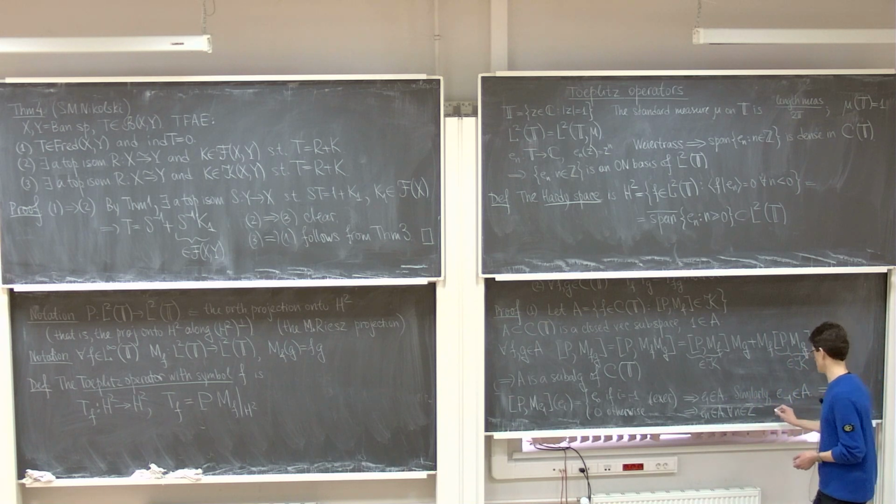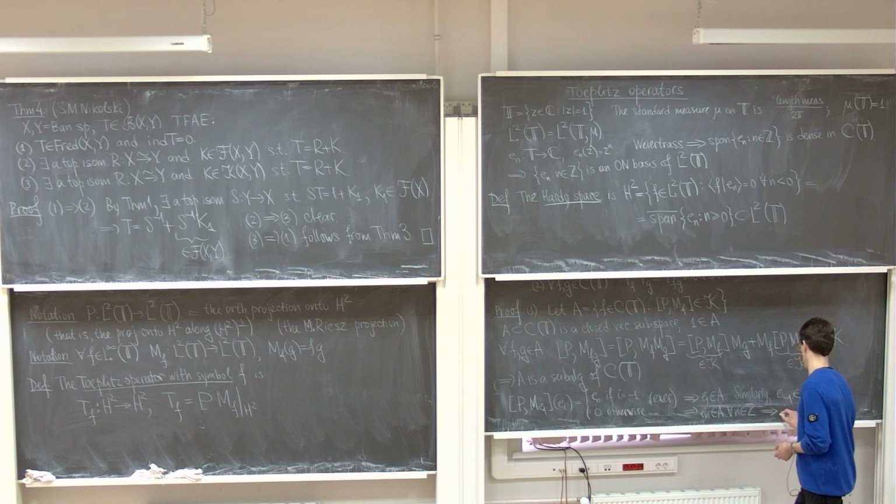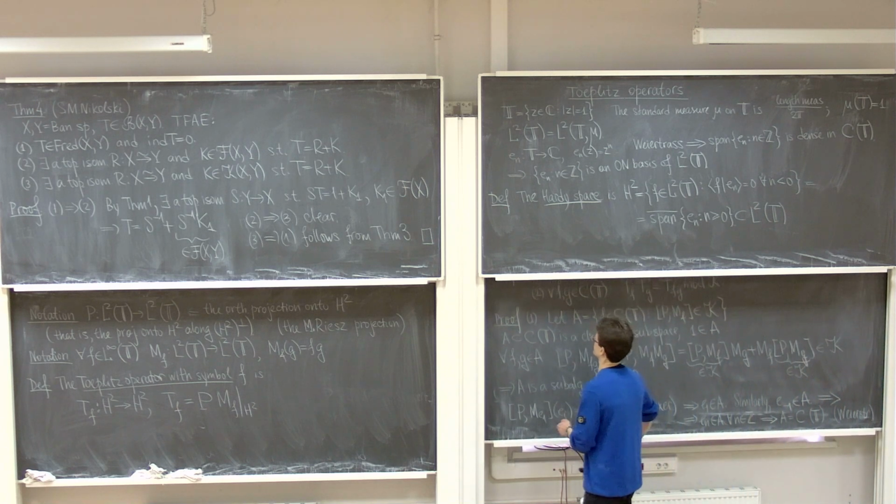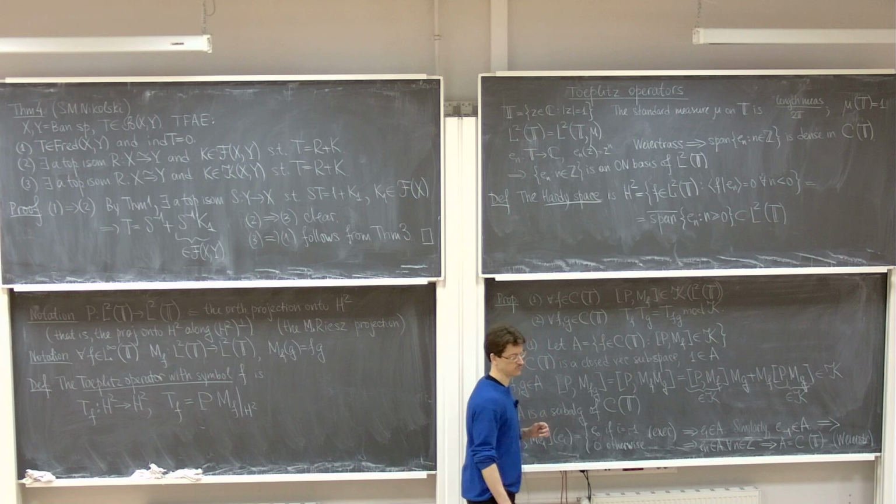And now the Weierstrass theorem implies that A is C(T). And this completes the proof of part 1. So we see that this commutator is always compact.